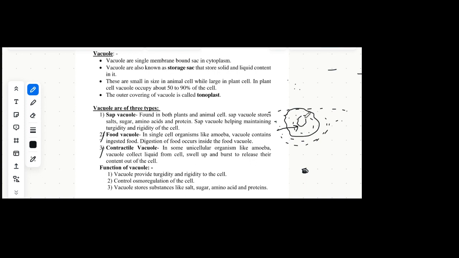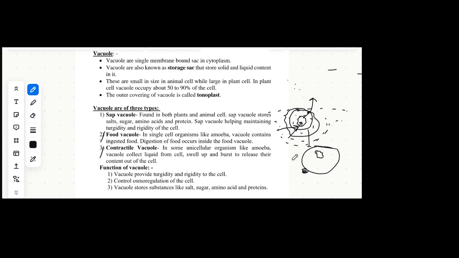Amoeba does have the vacuole. The water, once it enters the amoeba cell, enters into the vacuole, and due to this the size of the vacuole becomes large. After this, the vacuole fuses with the plasma membrane and expels the excess water, and after this the vacuole shrinks in size.